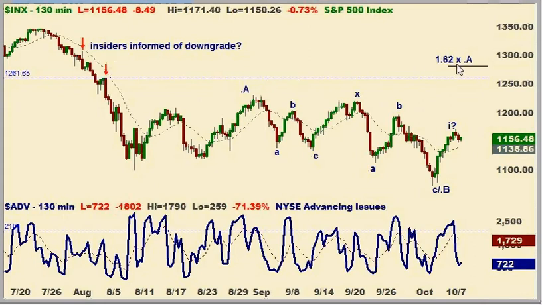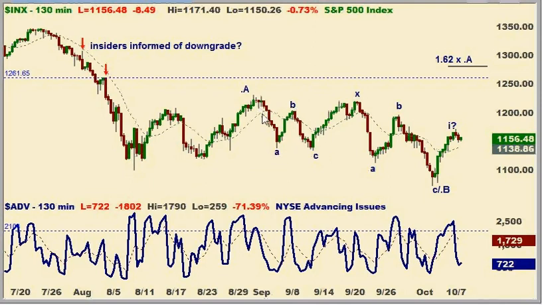I'm by no means sure we're going to get that high. I think that anything above 1230 gets my attention here, particularly if you have a completed 5-wave structure to the upside. And again, I think the major message here is that from the late August peak, we best count as a series of ABCs down.